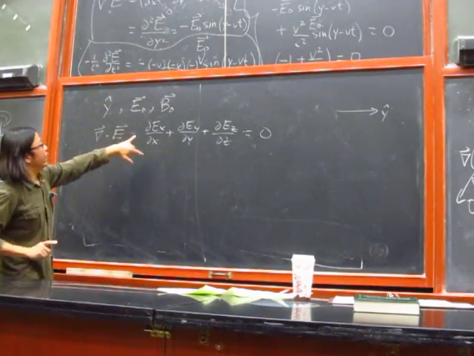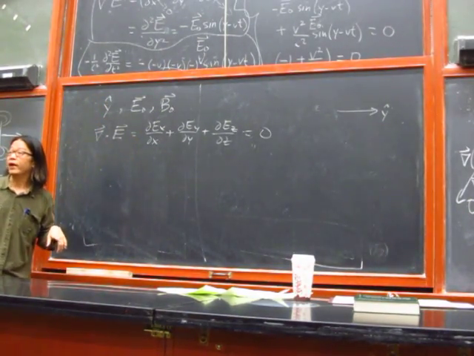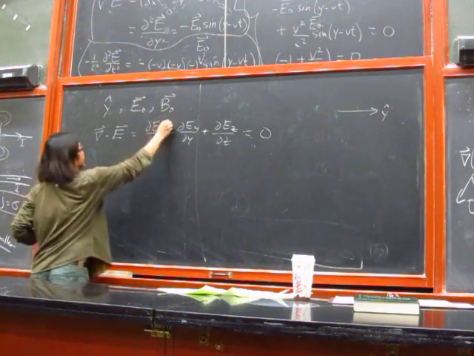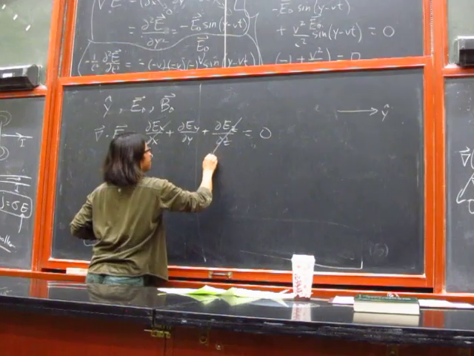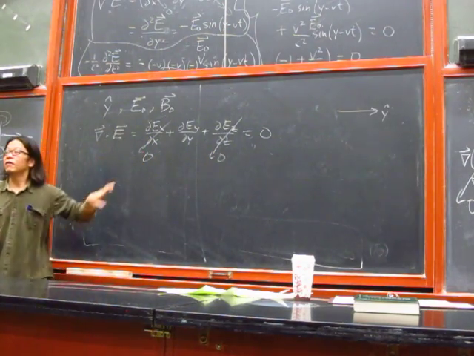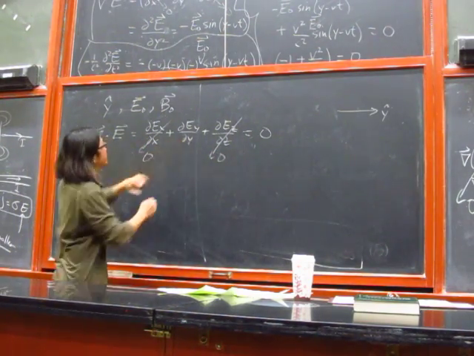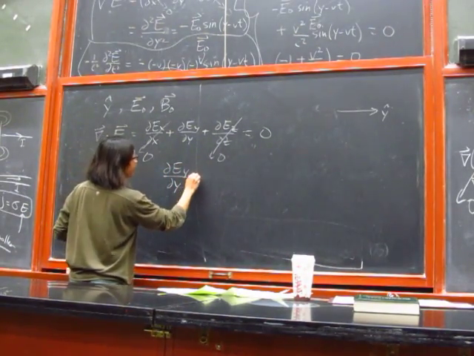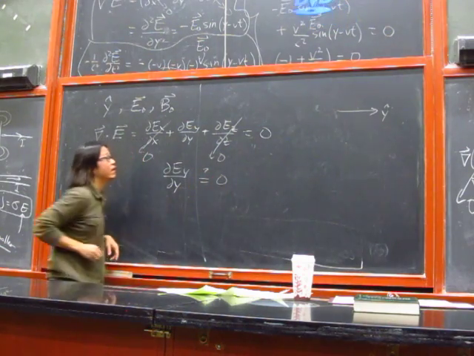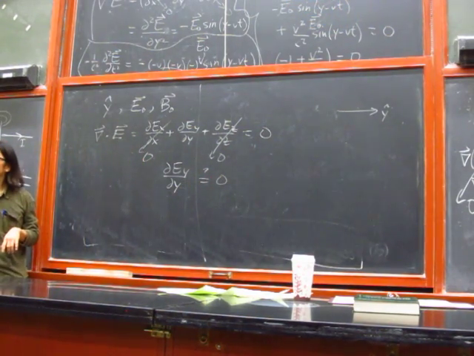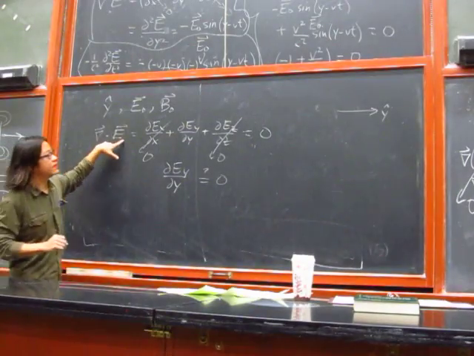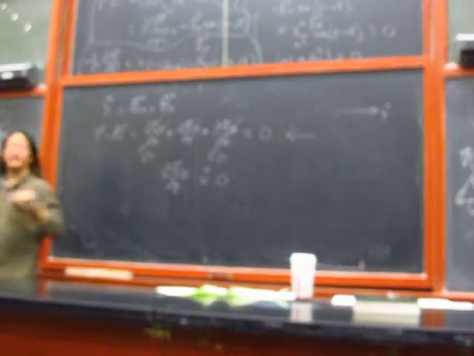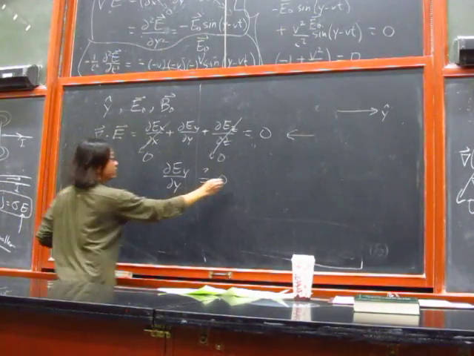The electric field only has a functional dependence on y, so the x and z terms are identically zero. The only possible non-zero component is the y one. So in order to satisfy the equation that the divergence of E is zero, the y component has to be zero identically.